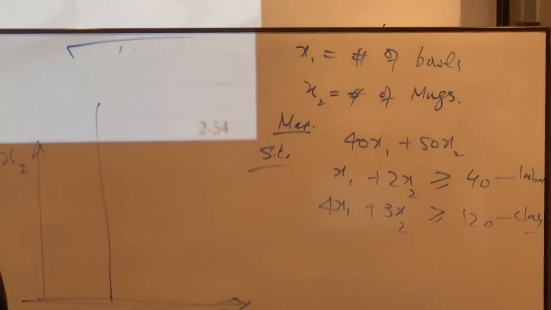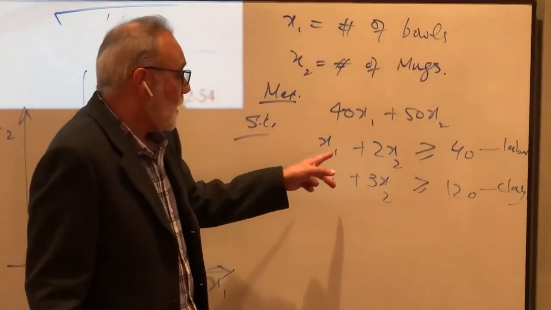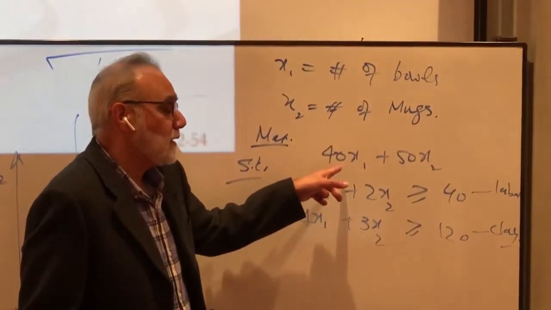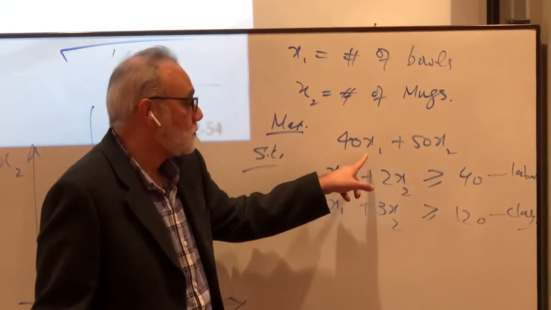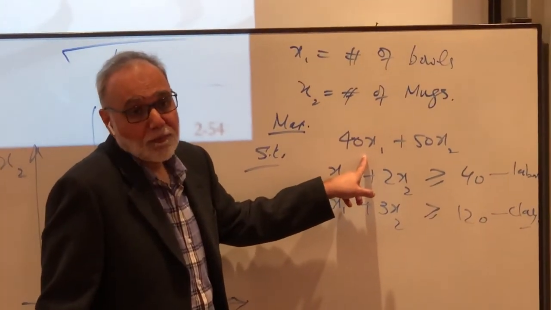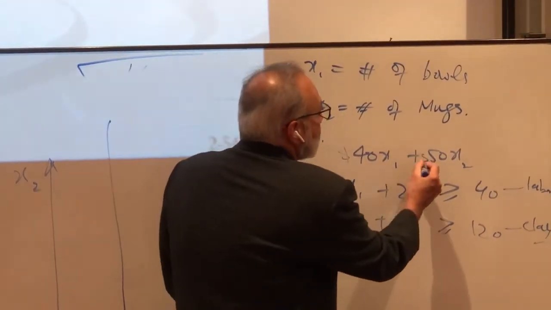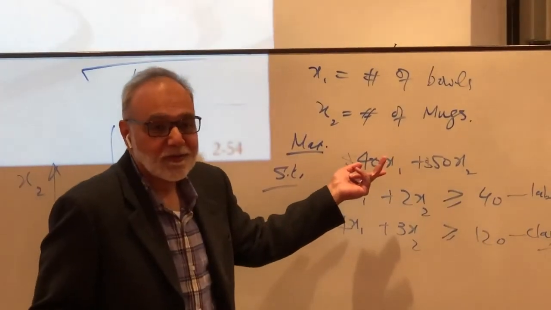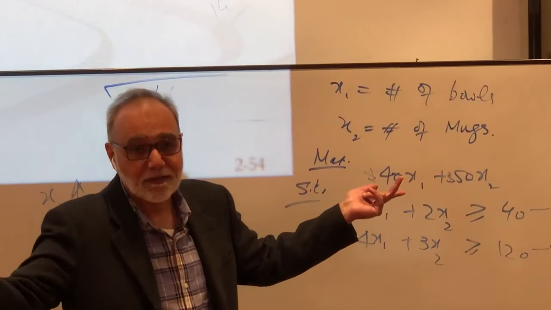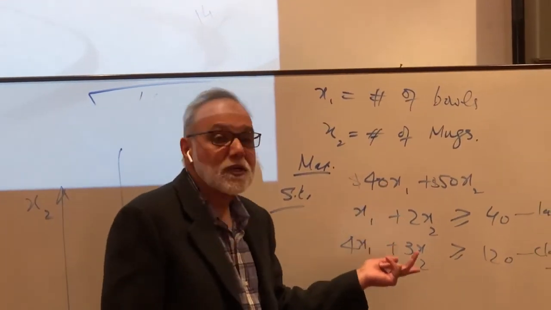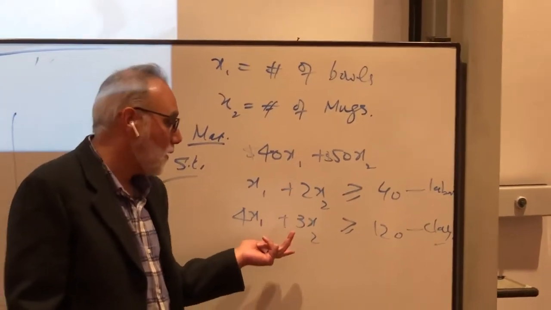The proportionality says that if you make one bowl, you will have a profit of $40. If you make 10 bowls, you just multiply by 10. Similarly, proportionality exists in the constraints as well.